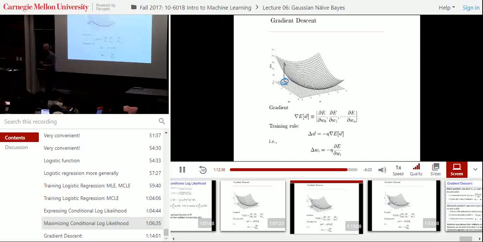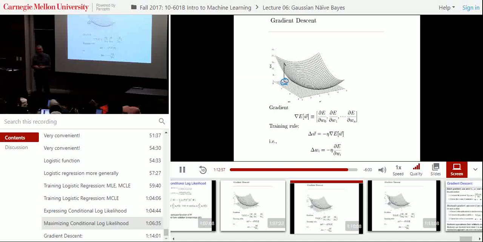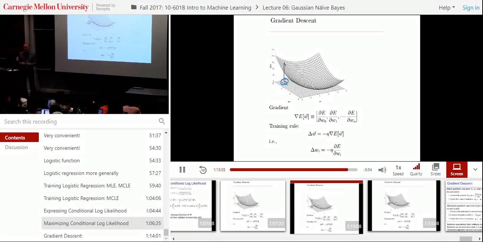It is the global minimum if we're trying to minimize the negative conditional likelihood. And so one of the beautiful things about logistic regression is gradient descent is guaranteed to give us the right answer. One of the difficulties with neural nets is that even though we use gradient descent there, it's not guaranteed because the surface looks more like that other one that I painted. So that's a great question.